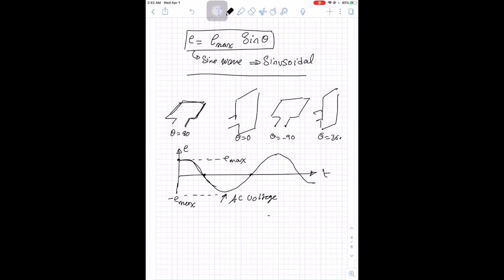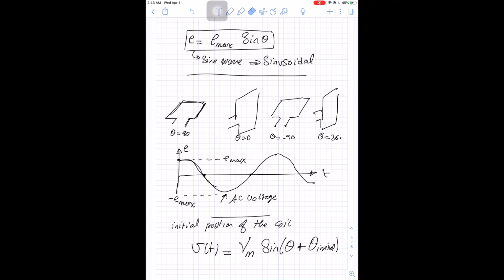So to account for the initial position of the coil, we will say that the voltage V of t, or E of t, equals a max voltage times sine of theta plus an initial angle. And instead of writing this as theta, let's name it from now on as omega t. And this equation is the general equation for any AC source.